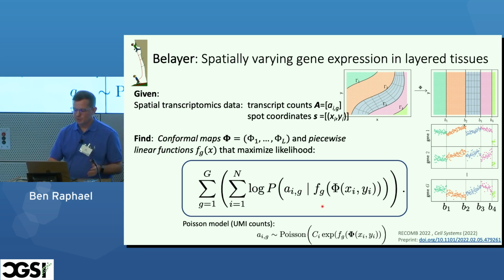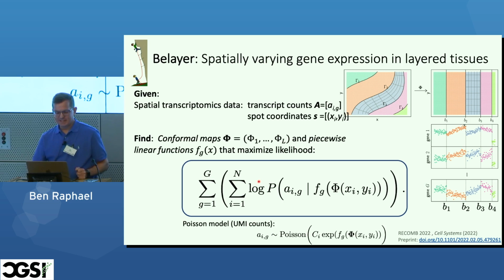You can use whatever model you want for modeling the transcript counts. We used a Poisson model to model the transcript counts as a function of this spatial coordinate. It turns out this is a really hard problem to solve, but there are three cases that we can solve that actually tend to be quite useful.